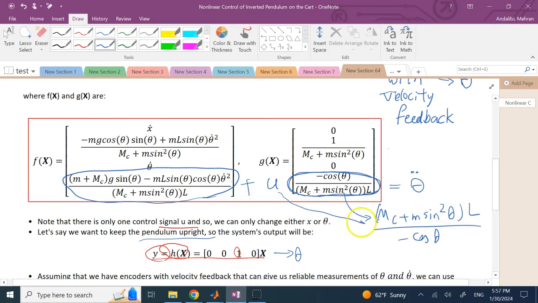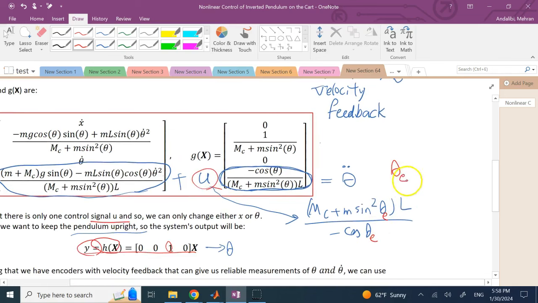If u is this, then when I multiply u by that, guess what? This theta here is the theta of the encoder really. This is not the actual theta. This is theta of encoder that I choose for u. And if this theta of encoder is a very good approximation of the actual theta, then this term, when multiplied by u, would cancel each other. So this whole thing becomes simply 1.